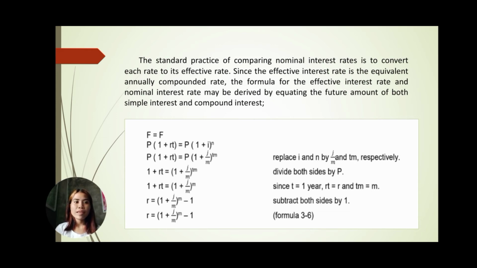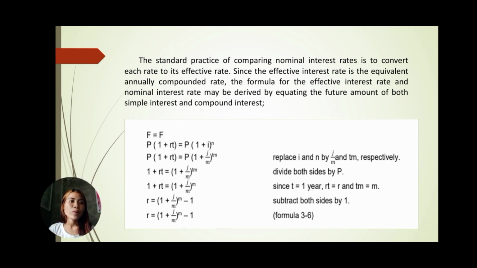Since the effective interest rate is the equivalent annually compounded rate, the formula for the effective interest rate and the nominal interest rate may be derived by equating the future amount of both simple interest and compound interest.